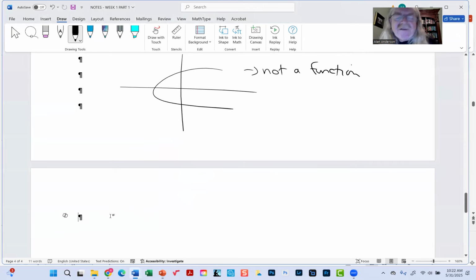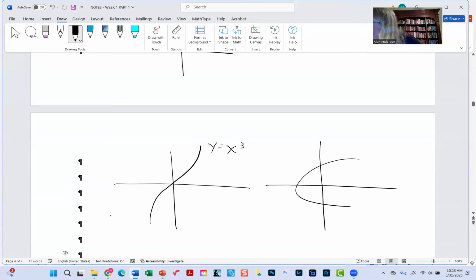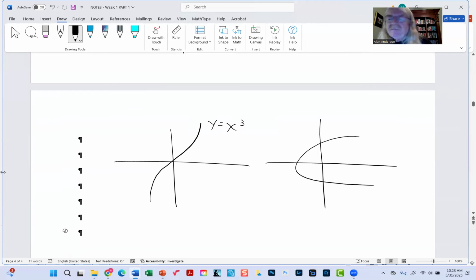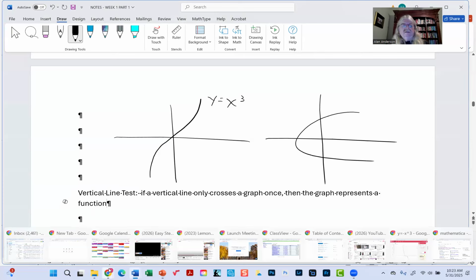How can you tell? There's a very simple graphical technique that helps us identify functions. Let's compare these two side by side. What's the problem here? We have this so-called vertical line test. If a vertical line only crosses a graph once, then the graph represents a function.